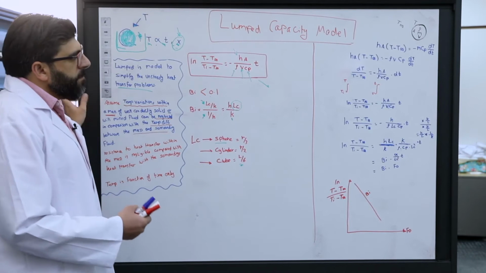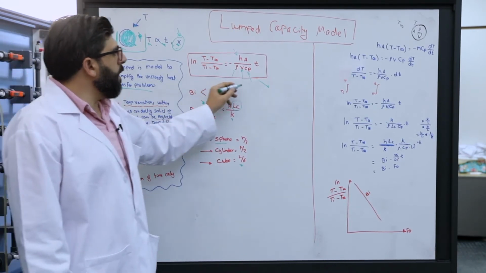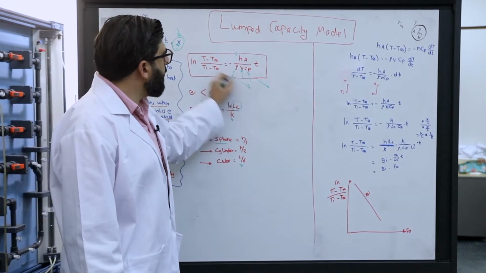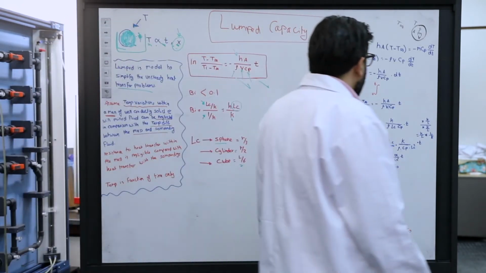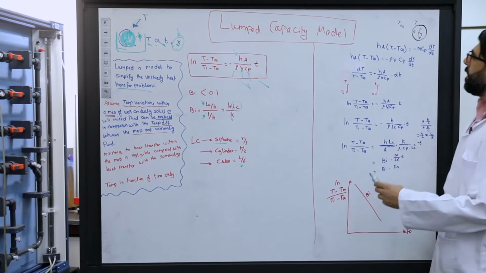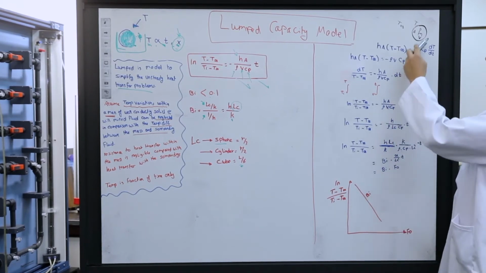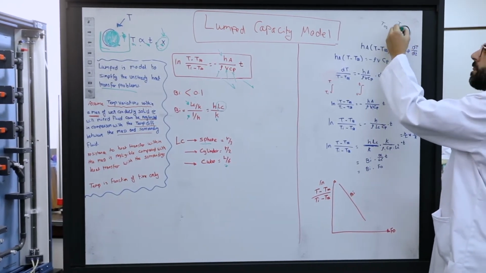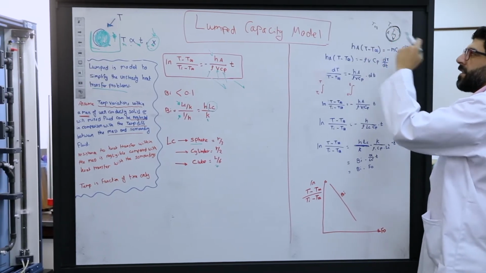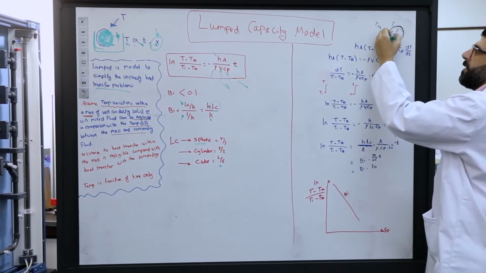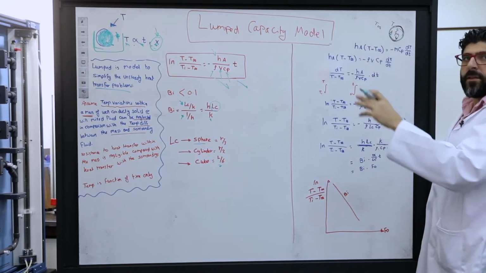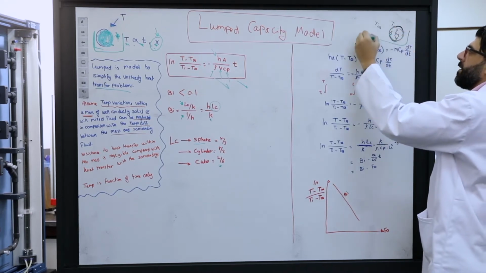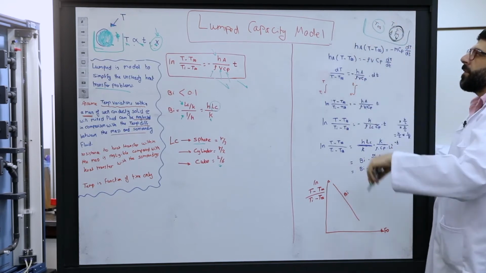So how do we get this model? Suppose we have a body of object with a certain temperature, area, density, mass and volume, and suddenly it is put in a surrounding at T infinity.